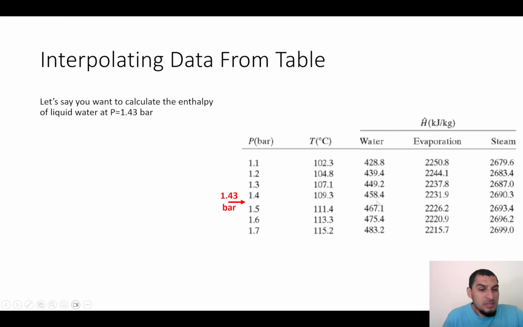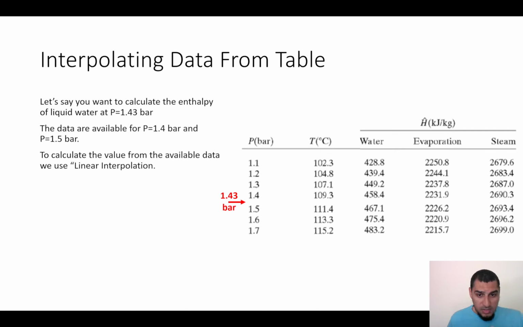It can be 460, it can be 461, 62, 63, or up to 467. So it should be somewhere between these two, and the same applies for the enthalpy of steam. So this is an important point to keep in mind.